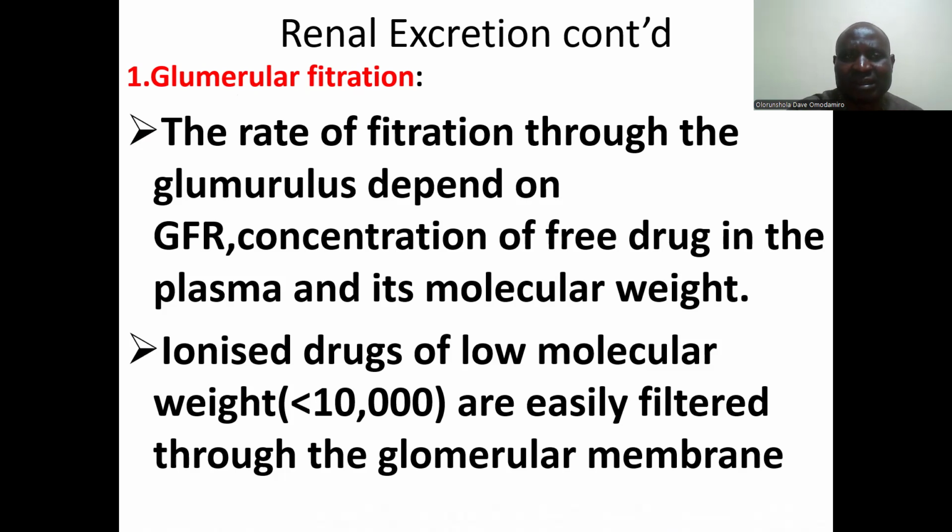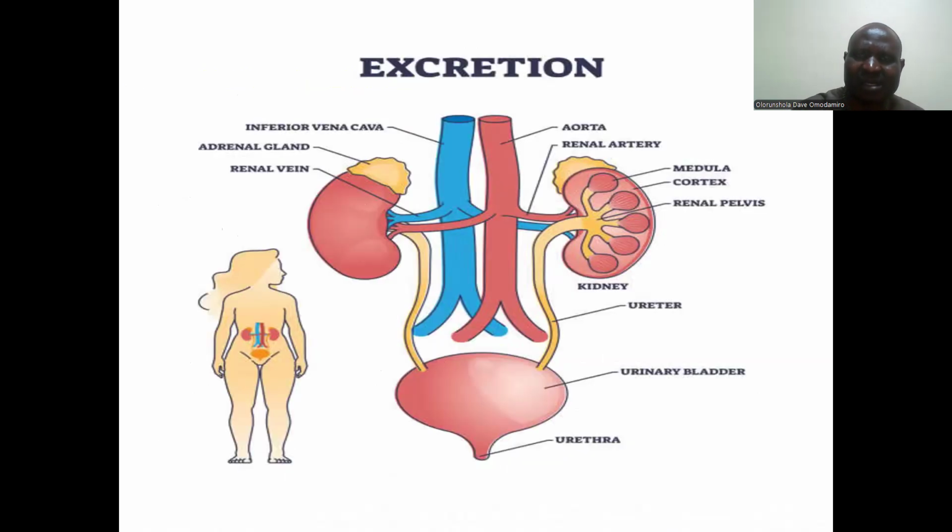But let's first discuss glomerular filtration. Of course, we need to get ourselves familiar with the structure of the kidney. I'm sure you will still remember your anatomy and physiology of the renal system or the kidney.